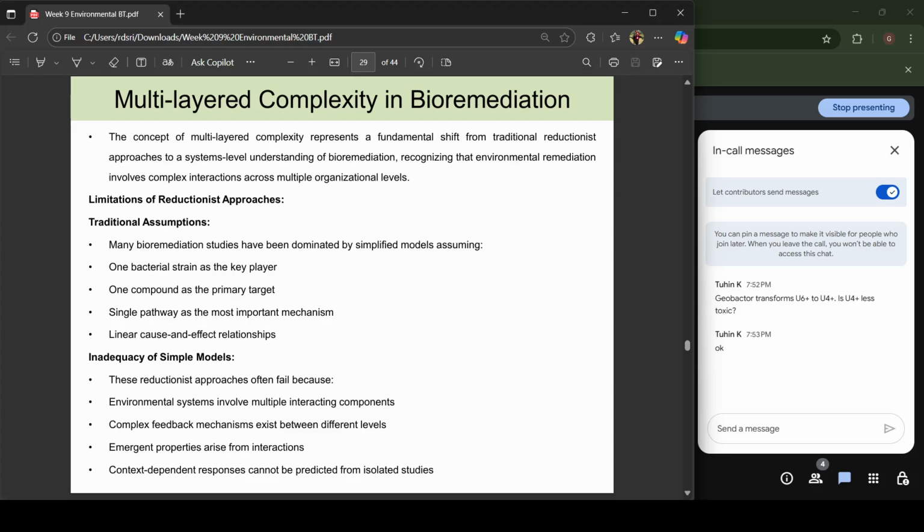And we go about thinking that, okay, if a bacteria X can act on A and mineralize it, then bacteria X is the key player, we don't need anyone else. So a direct interaction of A and X solves the remediation problem. And ideally, when we have one organism and one pollutant, it is a single pathway.